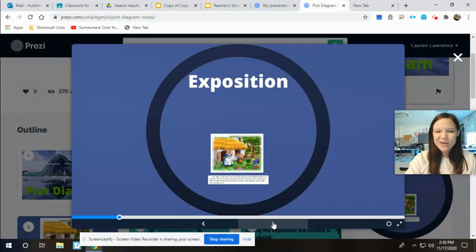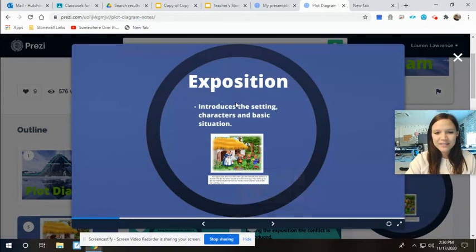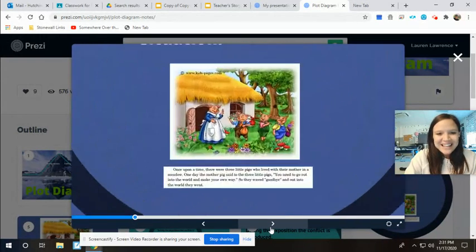You're going to say who your characters are, introduce the setting, where the story is taking place, and introduce that basic situation. So I know you've already been brainstorming your awesome characters and your setting, now you just need to write it in paragraph form. Here is an example of a very familiar story, The Three Little Pigs.